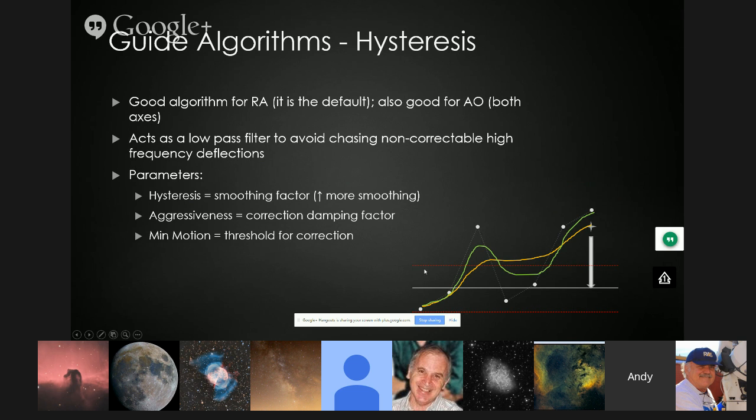The other important factor is the minimum motion parameter, and basically what that is saying is anytime that PHD sees your offset of your guide star within that threshold, it's going to ignore it and not attempt any correction whatsoever. So that's our RA algorithm.